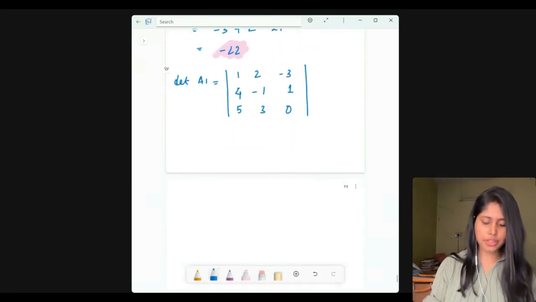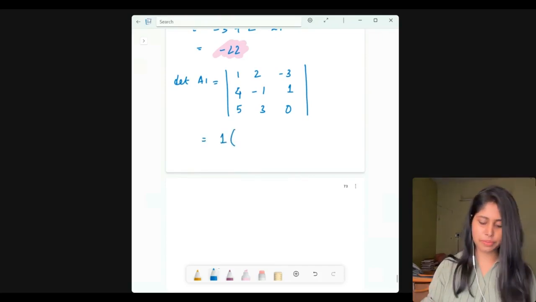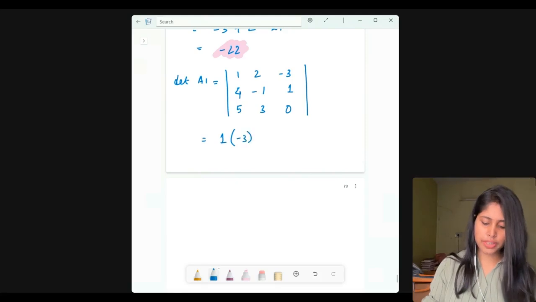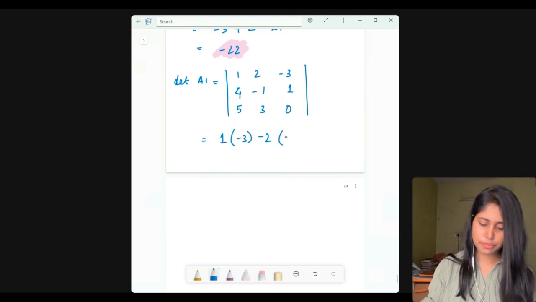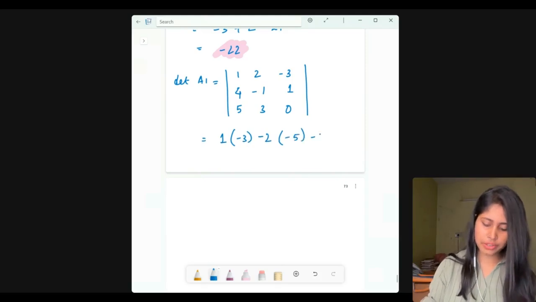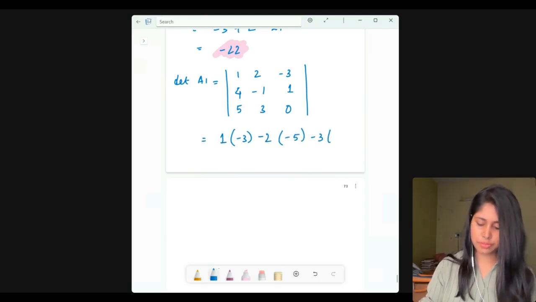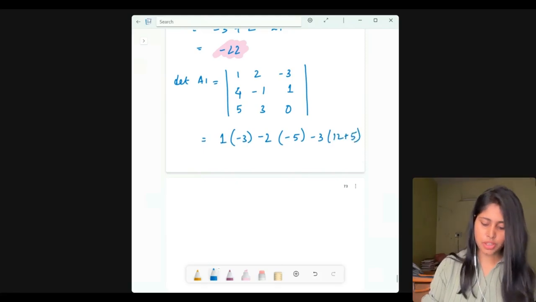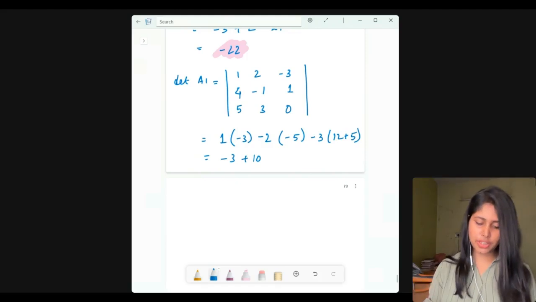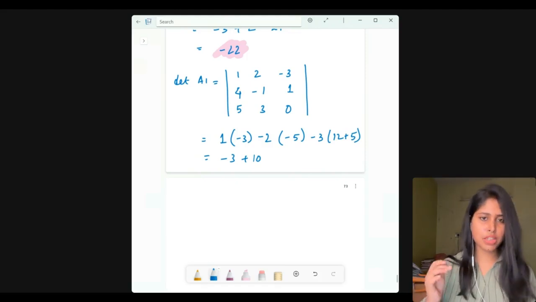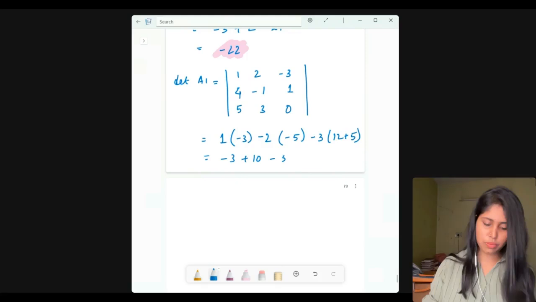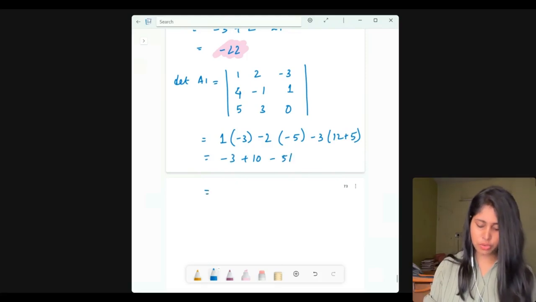Then just find the determinant. It is 1 into minus 1 into 0 is 0, and minus 3. Then comes minus 2 into 0 minus 5, then minus 3 into 12 plus 5. That is minus 3 plus 10, and minus 3 into 17, which is minus 51. So this comes to minus 44.